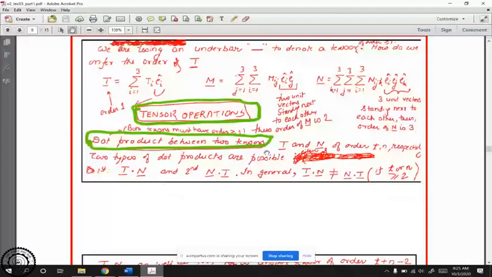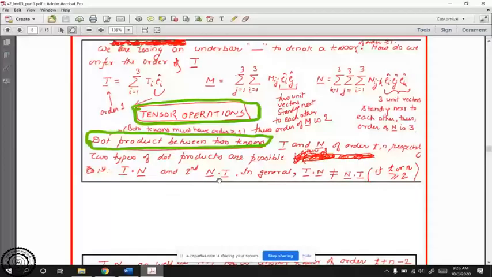So, dot product between 2 tensors. Let's take 2 tensors T and N, and let the orders be little t and little n correspondingly. Two types of dot products are possible. In general, you can either do T dot N, where T is coming from the left-hand side and N is coming from the right-hand side, or you can talk about the other possibility where the approach reverses, N coming from the left and T coming from the right.